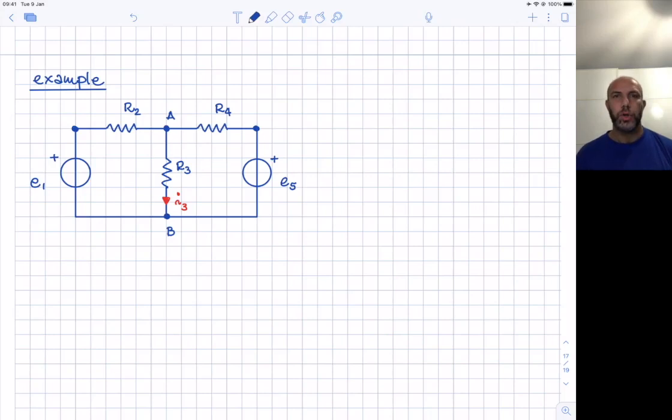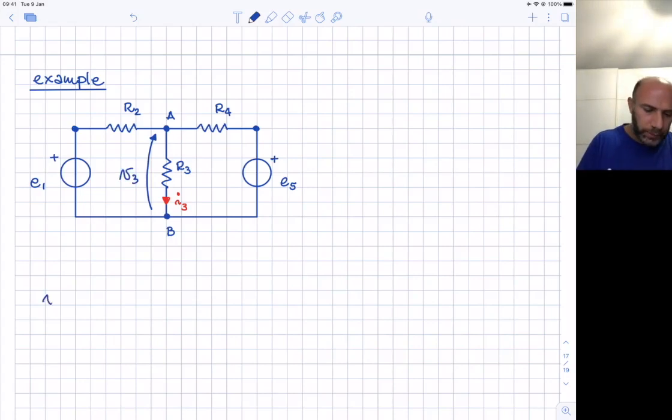Now, let's try to solve the circuit that we have solved in many ways up to now. This circuit can be directly solved using Millman's formula because we have 3 branches. 2 of them are made by a voltage generator in series with a resistor, and the third one is made by a resistor only. So it's pretty easy to use Millman's formula to calculate this voltage, V3.